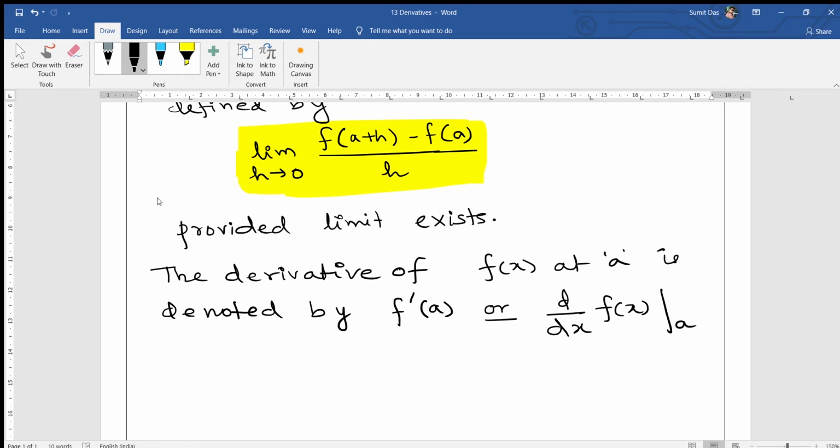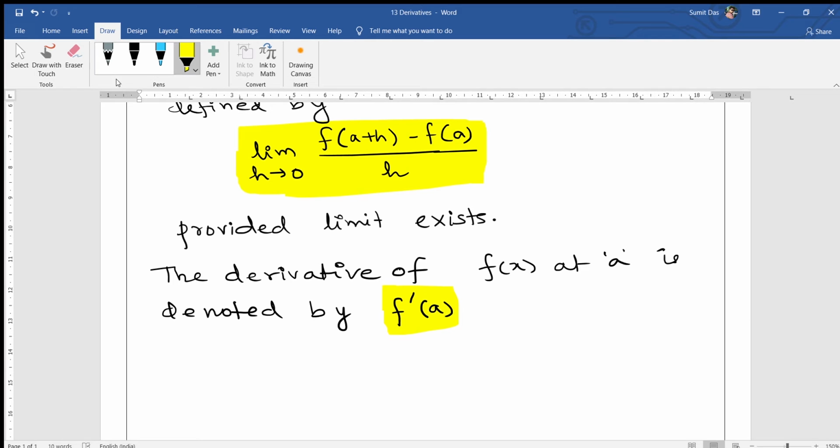For this thing we will learn later, no need to discuss it now. But the derivative we will always write like this. Suppose you have to find the derivative of f(x) at a, then the derivative will be f dash a, okay, and the formula is this one.